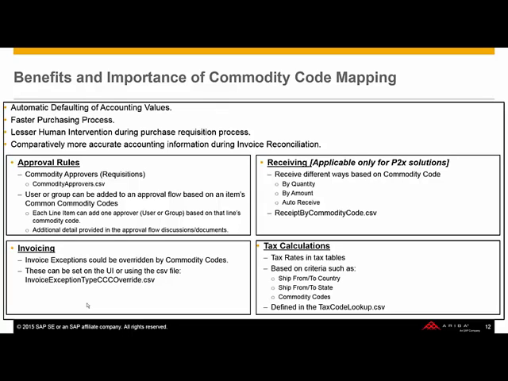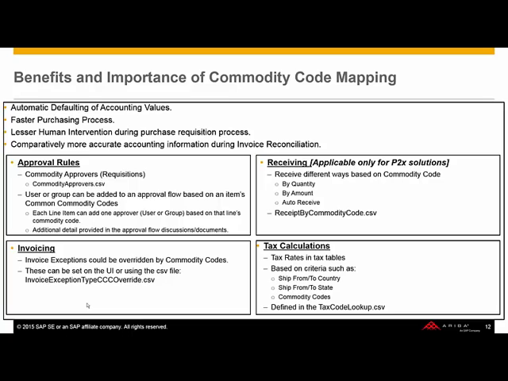However, it is possible to have what are called exception overrides based on commodity codes or suppliers. An invoice override based on a commodity code just means that if the invoice comes in and it triggers that exception, we may have different routing, different exception handling, and we may have different tolerances just based on that commodity code. So commodities can be used in that manner.